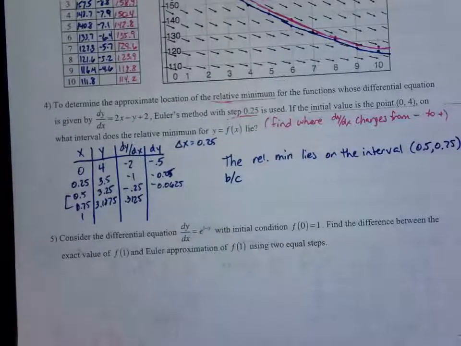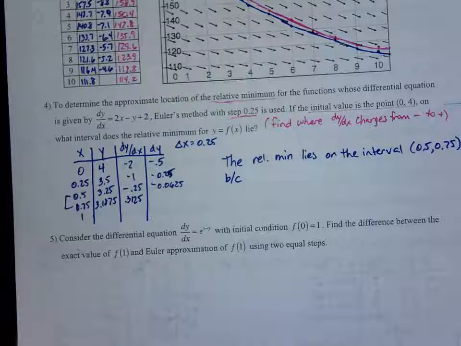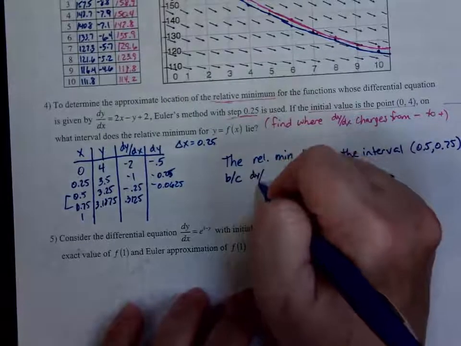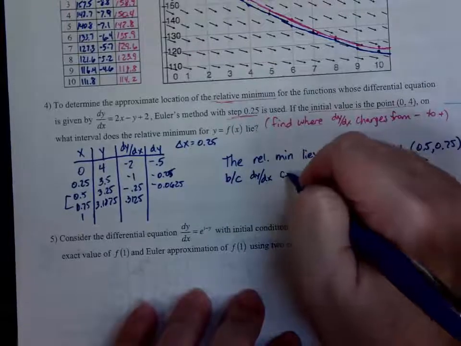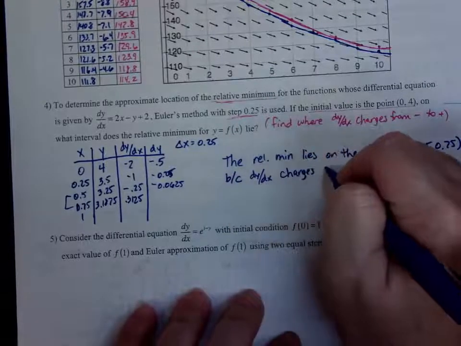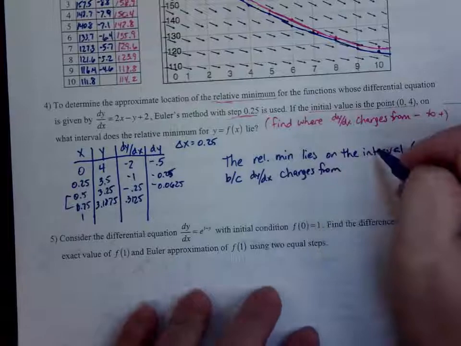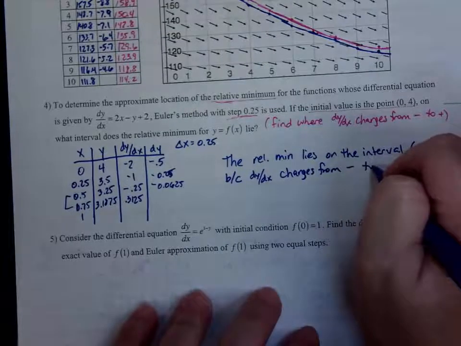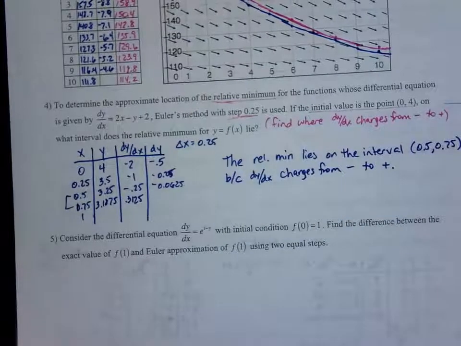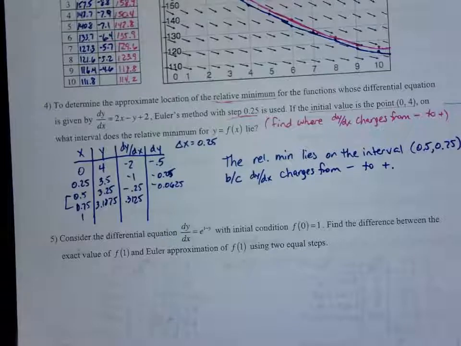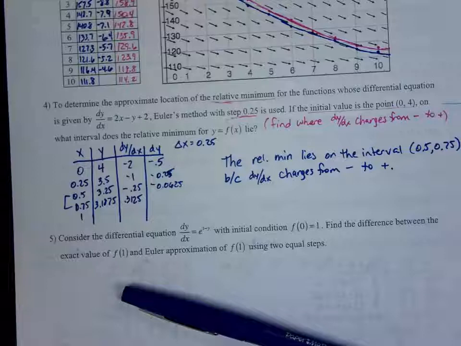Because the slope, dy dx, changed from negative to positive. That's our reason. Do you have any questions about that problem? Same process, just looking for something different.